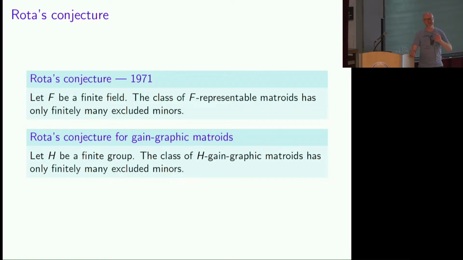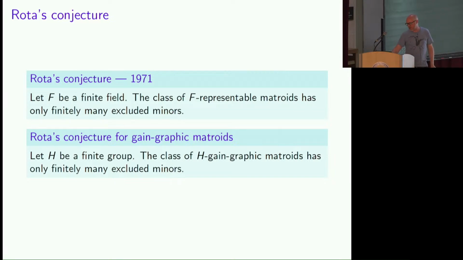We have exceptionally good control over the different ways that bicircular matroids can be represented. Now, with our representation theorem, we should have adequate control over the different representations of H-gain graphic matroids. So if we take the strategy from the bicircular proof and combine it with our representation theorem, it is reasonable to believe that we have a path towards Rota's conjecture for gain graphic matroids.